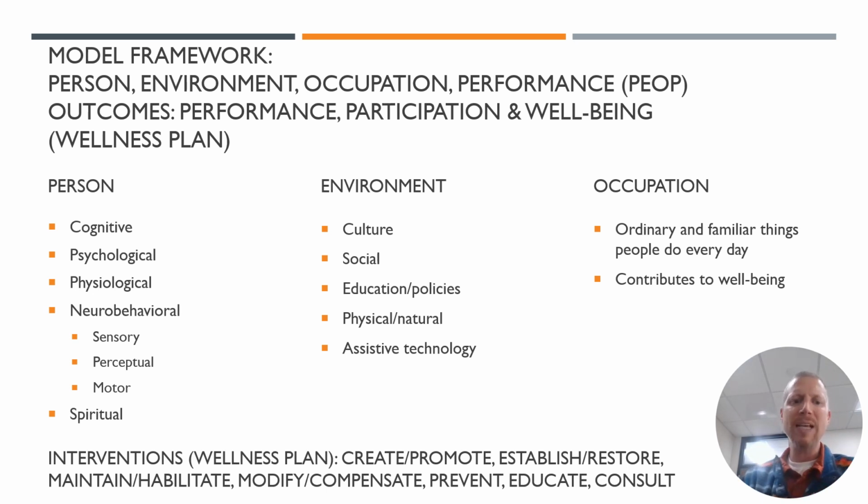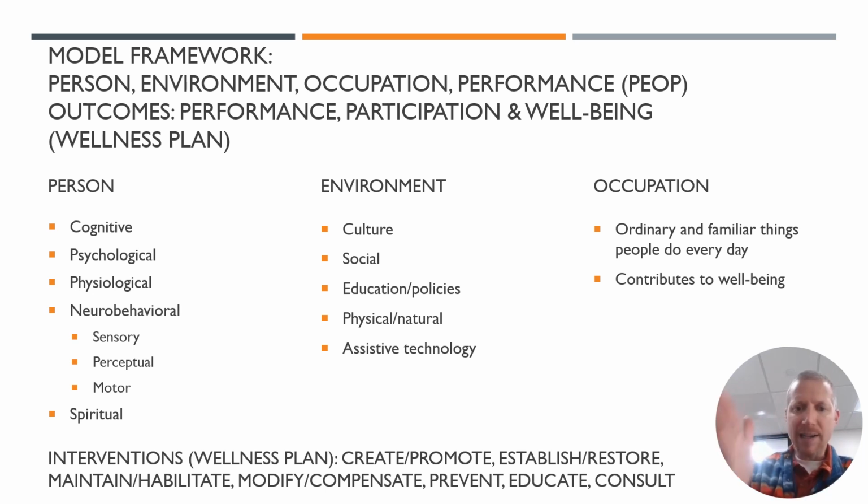Okay, and so how can we contribute to well-being? Well, we can increase performance, we can increase participation, and overall, that's going to help with well-being and wellness, right? And so our wellness plan is already showing us how important participation is. It also shows how performance can contribute to well-being as well.